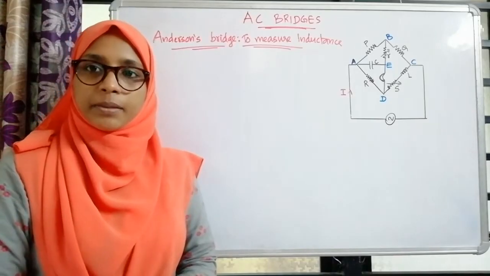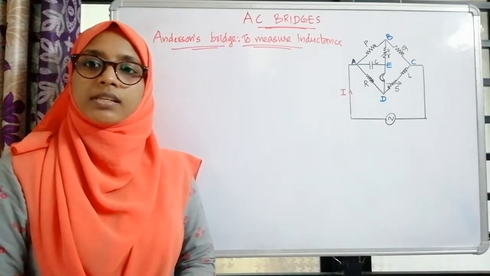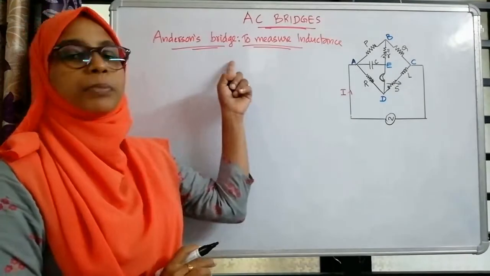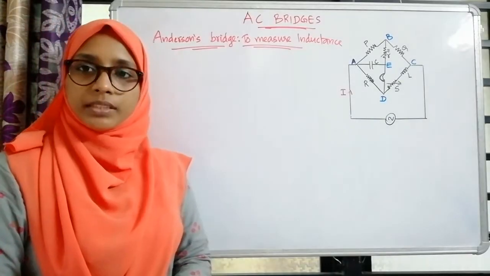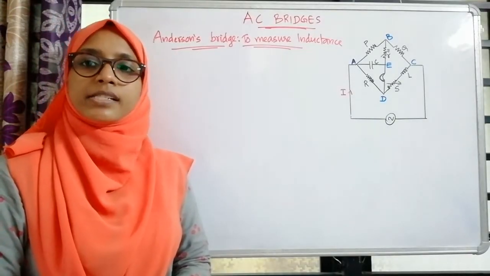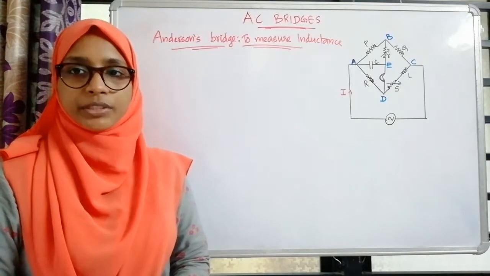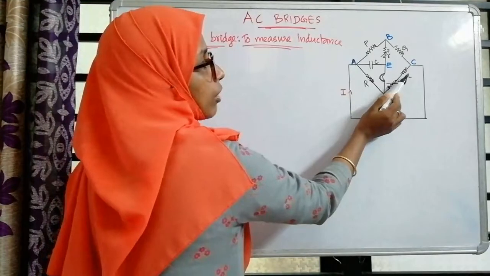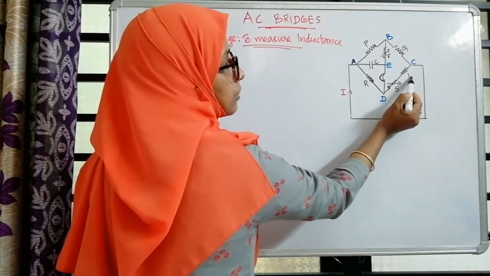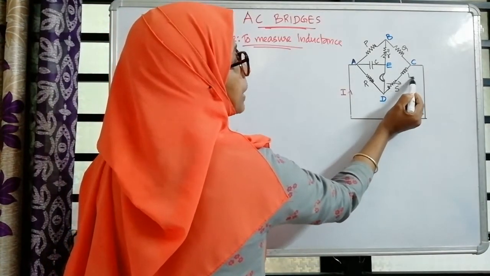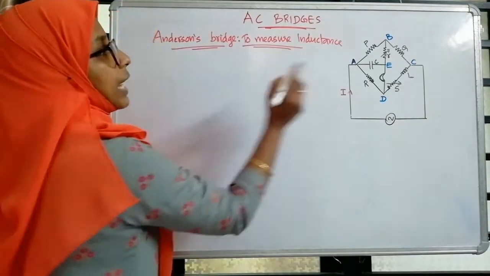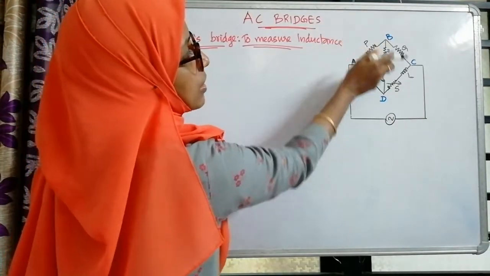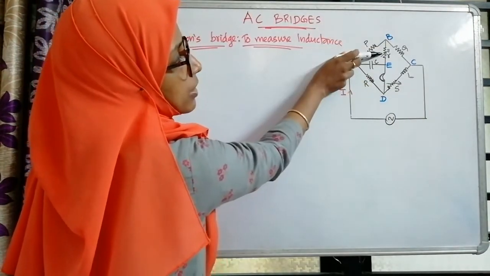The first AC bridge which we are going to discuss now is Anderson's bridge. Anderson's bridge is used to measure the inductance of a coil connected in the bridge. So, here we are to measure the inductance L which is connected in this bridge. Here we have four resistances in these branches and one more resistance here.